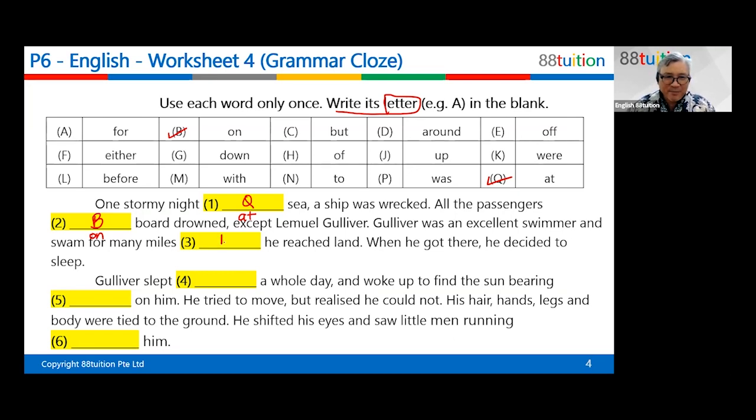They write the same answer as before. And you're actually correct. Gulliver was an excellent swimmer and swam for many miles before he reached land. And when he got there, he decided to sleep. Gulliver slept. What is the answer for number 4?